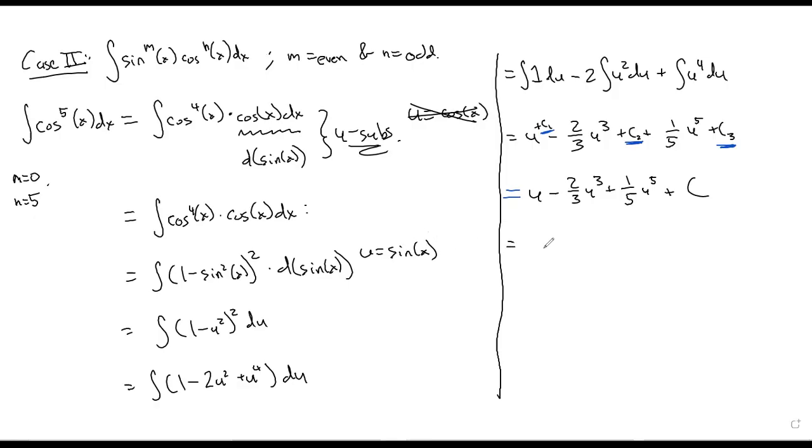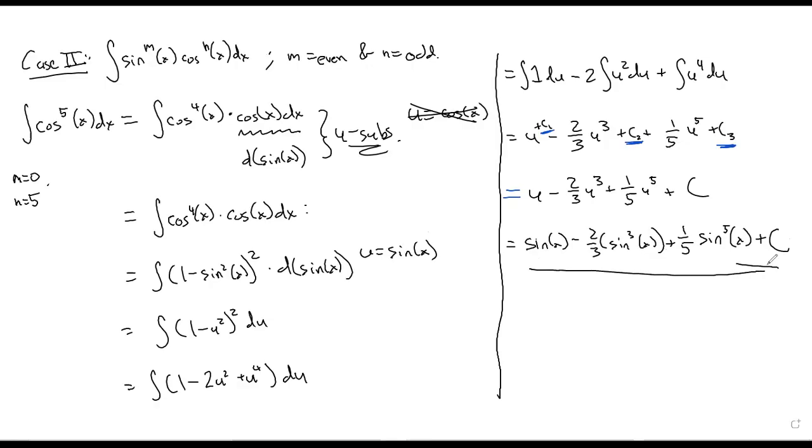So we go ahead and undo our substitution now. u was sine of x. And there's my result.